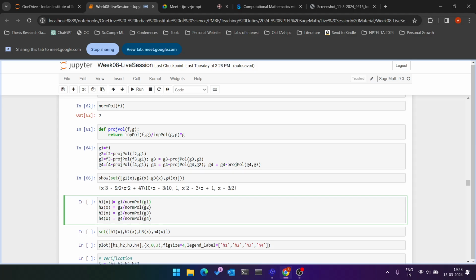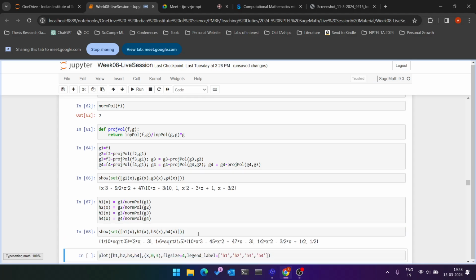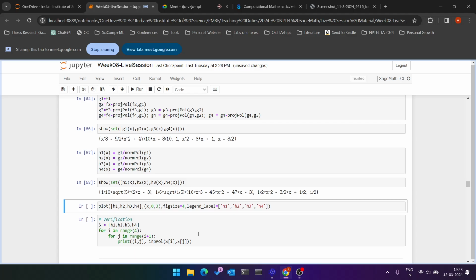Now I define a few polynomials h1, h2, h3 and h4 of the variable x as g1 by norm of g1, g2 by norm of g2, g3 by norm of g3 and g4 by norm of g4. If I also show the set h1, h2, h3, h4, this is how it looks like.